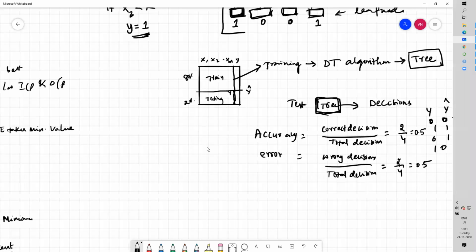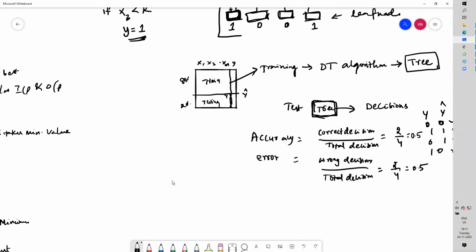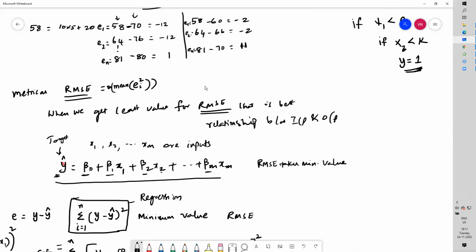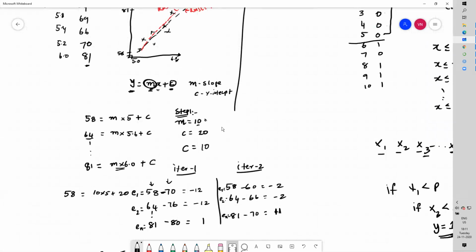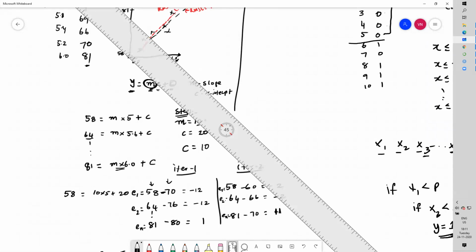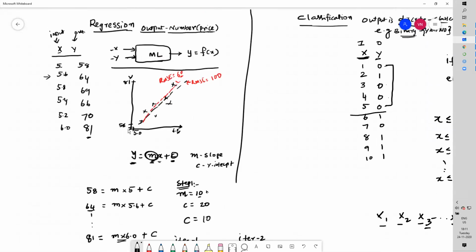But machine learning has limitations. Why? Especially, it assumes that there is a relationship between your input and output, and your entire learning process is purely based on that assumption. For example, in this case, the assumption here is the relationship between input and output is a linear line, and it is trying to represent that in the form of a linear line.